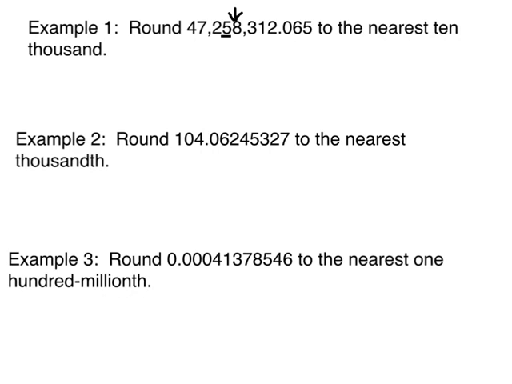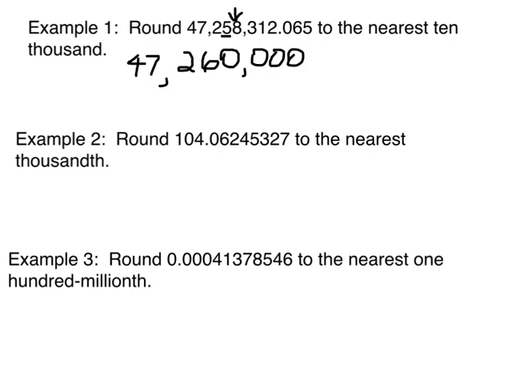Now, I see that that 8 is more than 5, so I'm going to round up the 5. So my answer would be, that 5 is going to change to a 6. Everything else is going to be zeros, and I can stop right there because that's the end of the whole number.